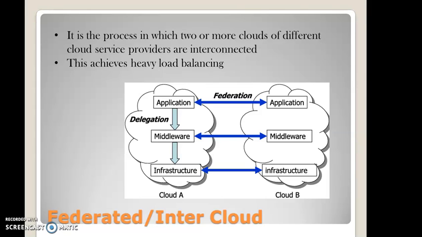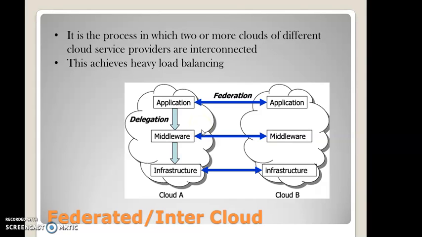Suppose there is a service provider Ra and another service provider Asham, and I want to connect the services provided by these cloud providers, then I can use cloud federation. Here in this figure, you can see cloud A and cloud B. These are different cloud service providers that are connected with a cloud federation.